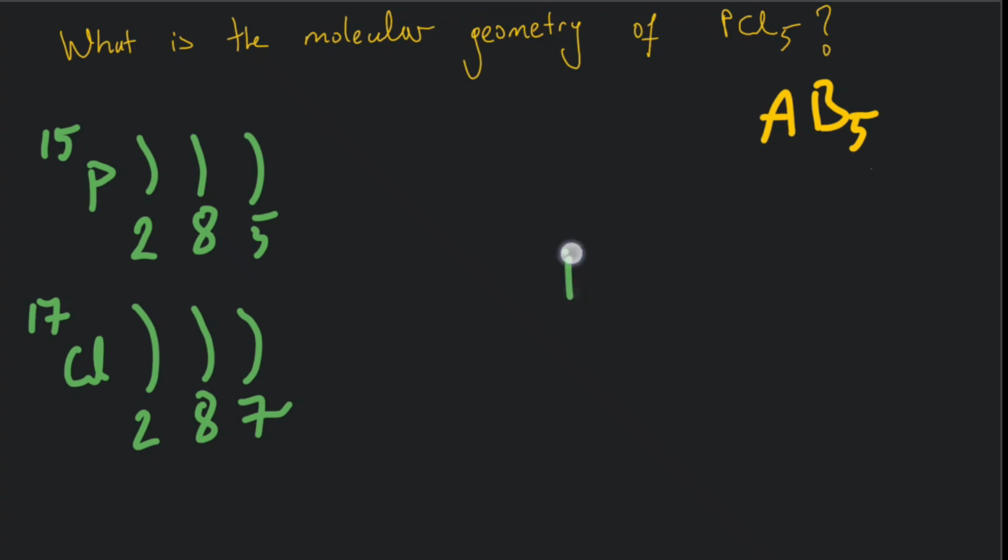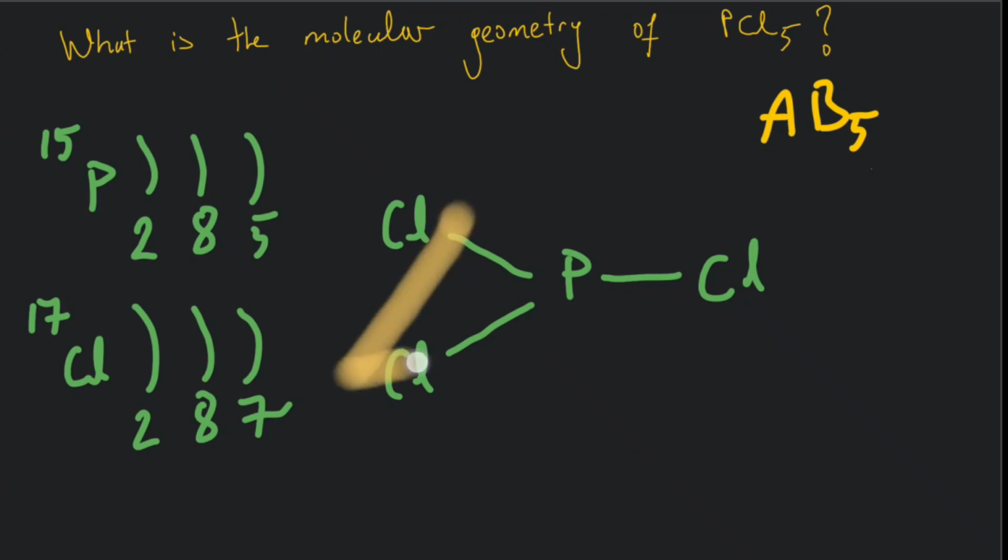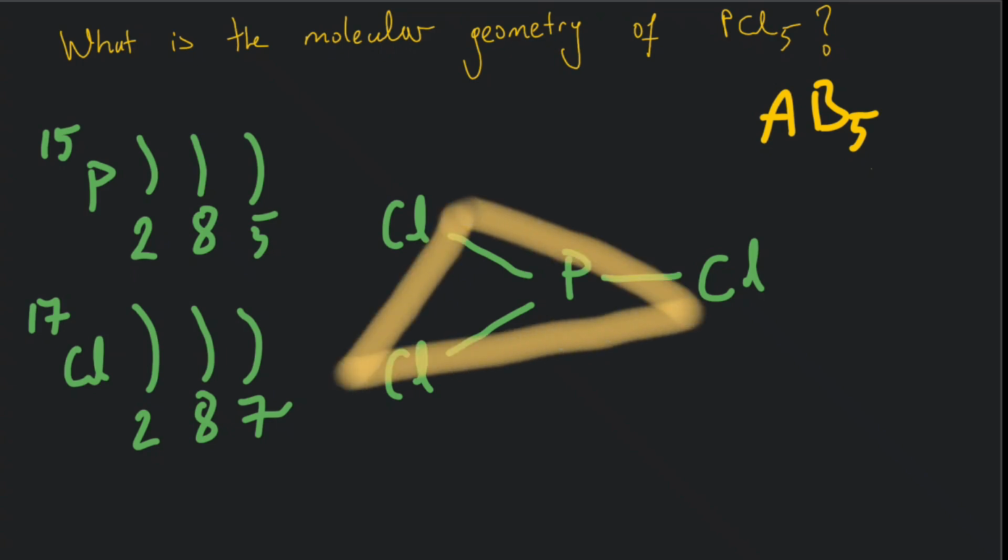So in our case, the phosphorus P atom will be in the center, and it will be connected to 3 chlorine atoms in equatorial positions. So there is a plane here. And I will put the other 2 chlorine atoms in axial positions. By the way, these are called axial, and these chlorine atoms are called equatorial positions.